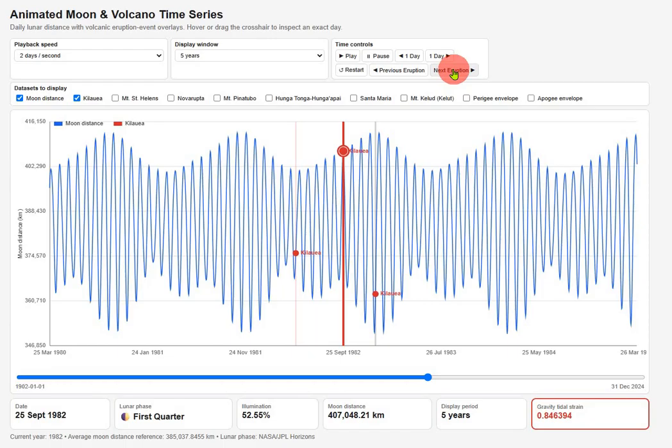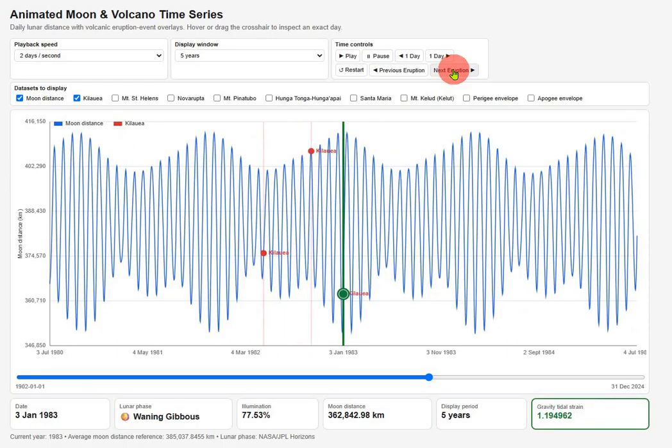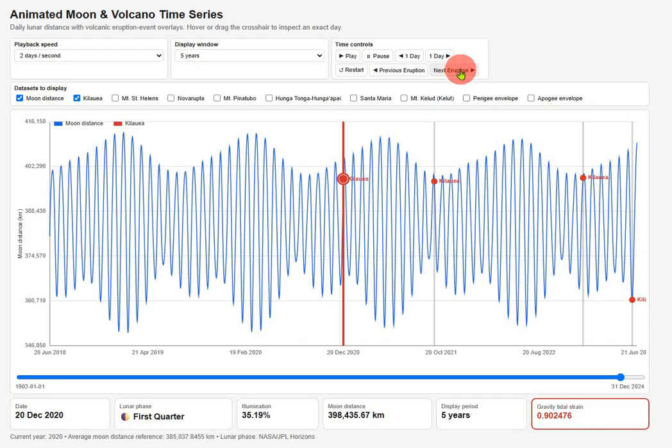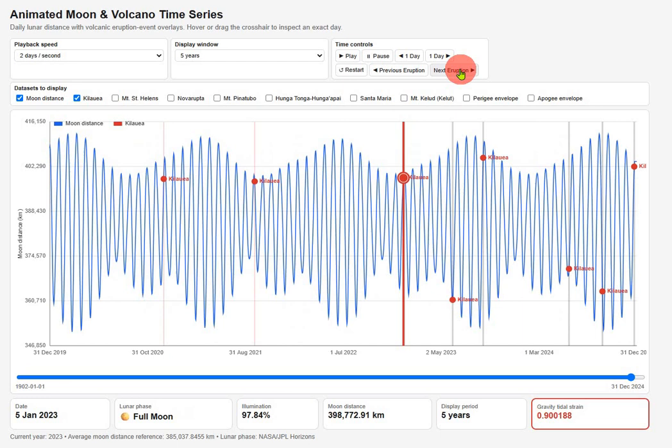Perigee, apogee, pretty close to perigee, pretty close to apogee, almost apogee, almost perigee, apogee, and this is the end of the list, almost perigee, kind of mid-range, apogee.